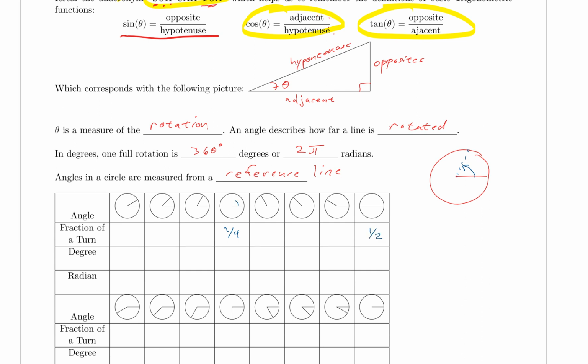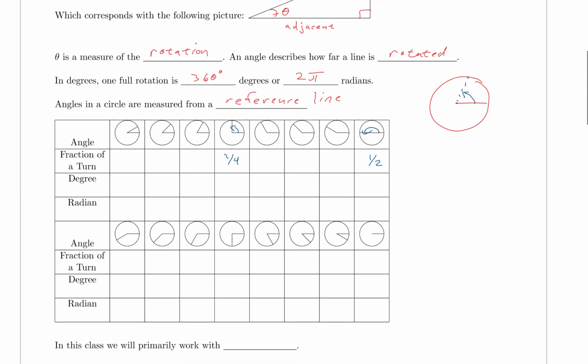Make sure you see that guy is being rotated like that. And then over here, pretty clear that is 3/4 of a rotation. And then over here, this is simply 1 full rotation.